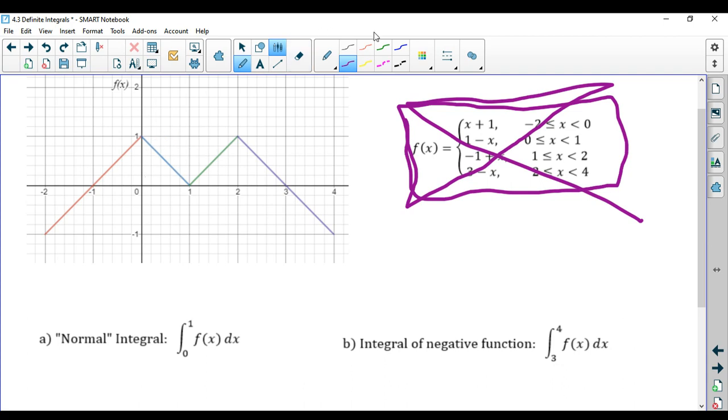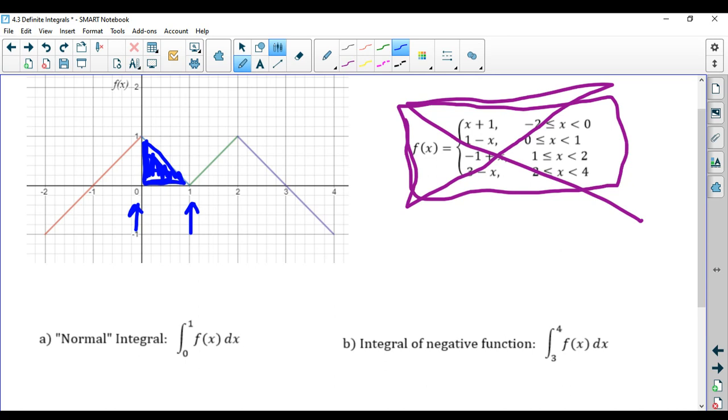So if you look at this graph, we're going from x equals 0, that would be right here, to x equals 1. Now, when I talk about area, it's the area below the graph to the x-axis. So it would be this area. That's what the value of this definite integral would be.